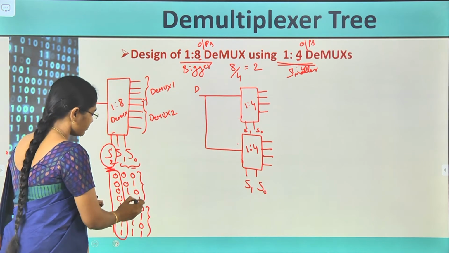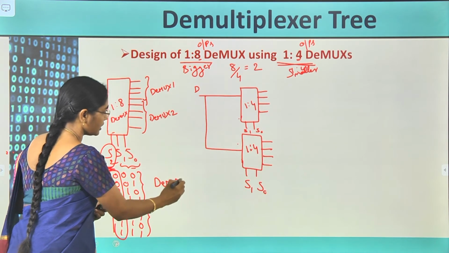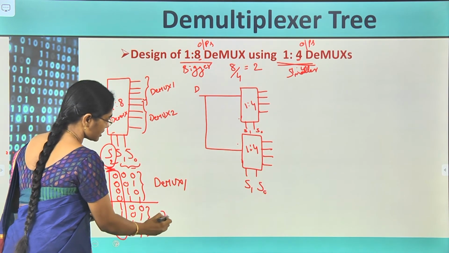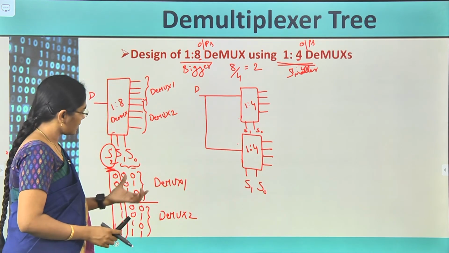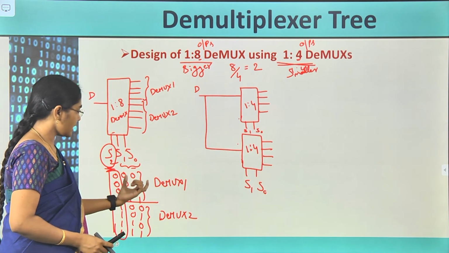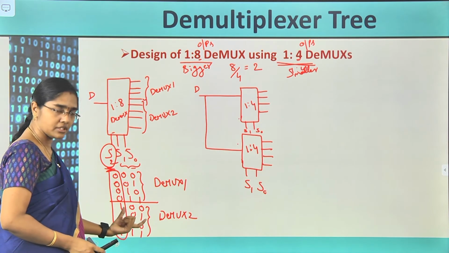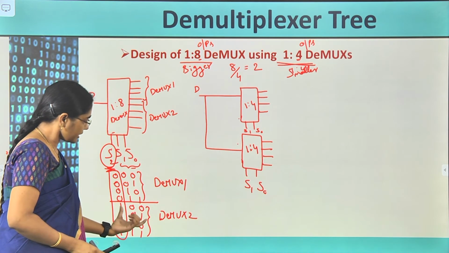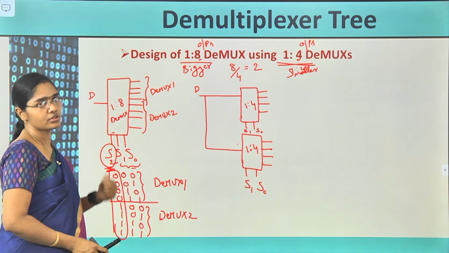That is, for the first 4 combinations use DMUX1, and for the next 4 combinations use DMUX2, such that the first demultiplexer is enabled for the first 4 combinations of the truth table, and the second demultiplexer is enabled for the last 4 combinations.